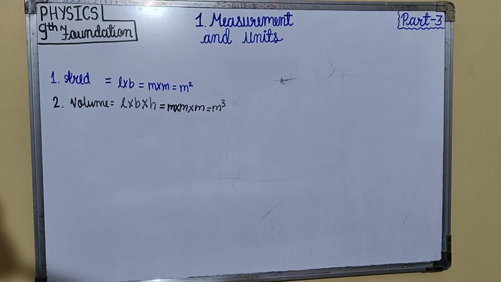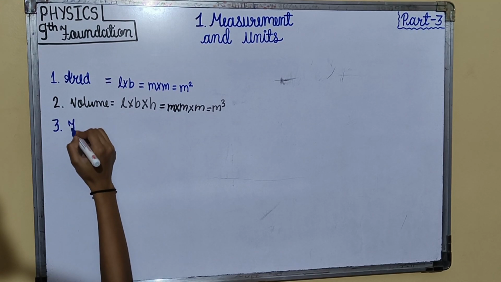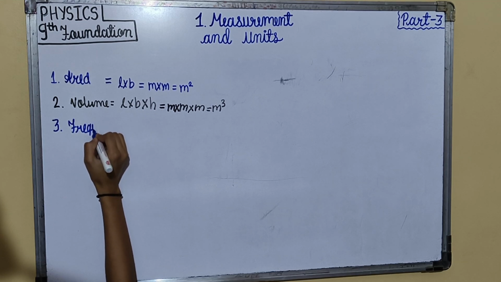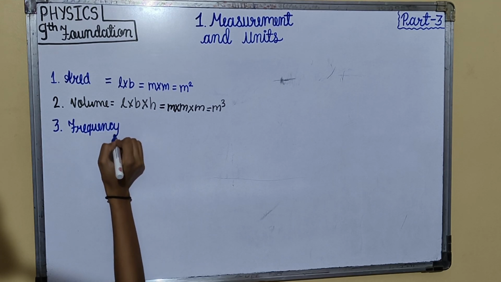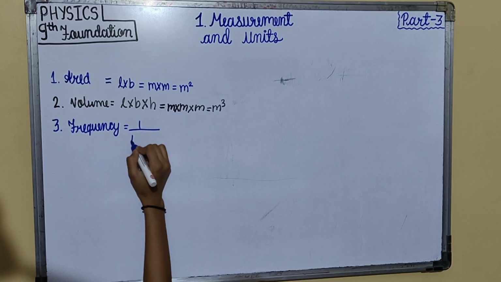Third one is frequency. Frequency is equal to 1 upon time period.